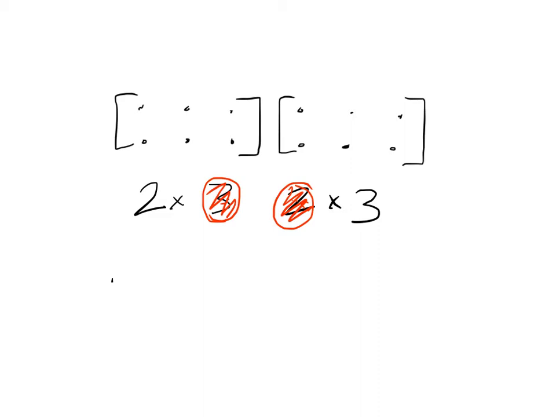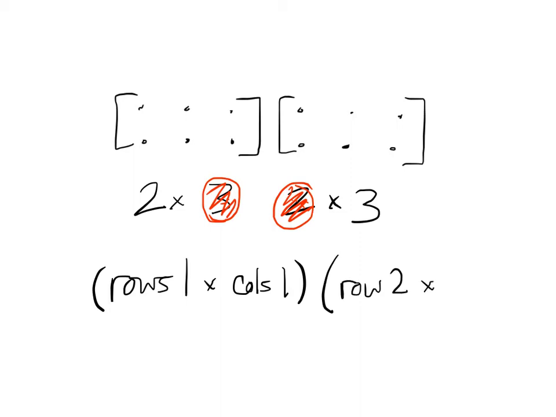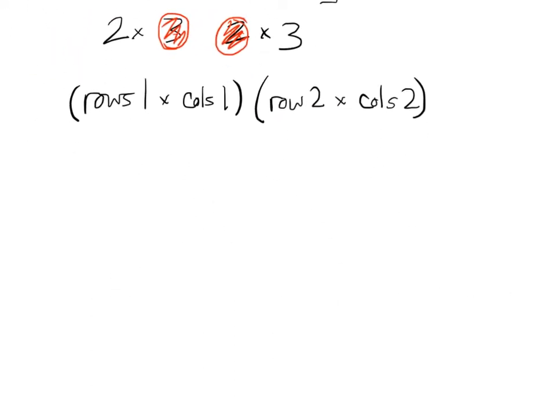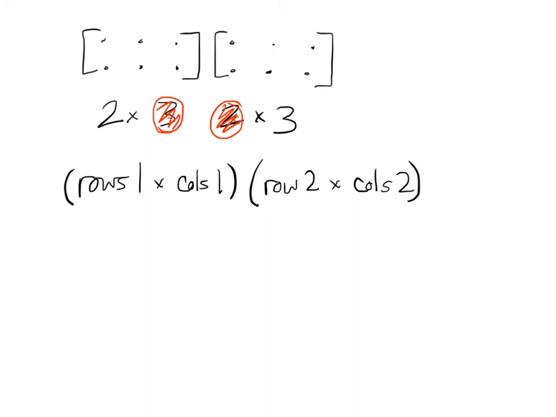If I have rows 1 by columns 1 times rows 2 by columns 2, the rule is that I can multiply if these two things are the same.